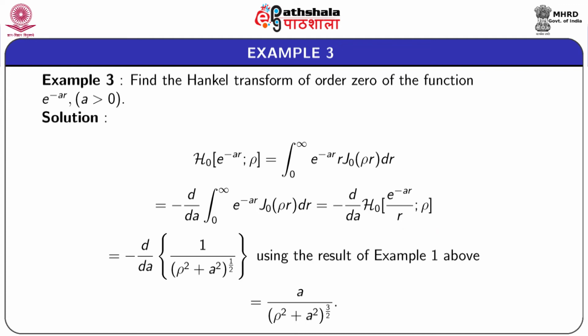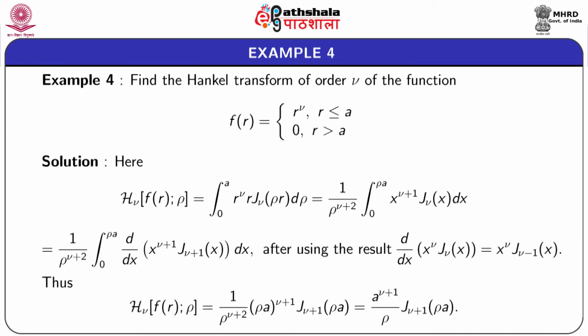And we have already obtained the Hankel transform of e to the power minus a r by r in example 1, so we can write it as minus d/da of 1 by (rho square plus a square) to the power half, and this is equal to a by (rho square plus a square) to the power 3 by 2.